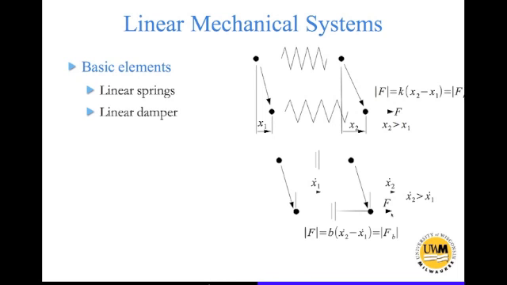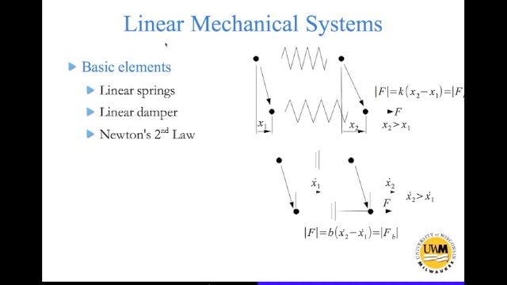The magnitude of the force in the damper is given by B times (x2 dot minus x1 dot). Here B is the damping constant. Notice that this quantity here is positive. So the force in the damper depends on the relative velocity of the ends: speed at this end minus speed at this end. That's right here. So this is the relative speed, or you could think of it as a speed of expansion.